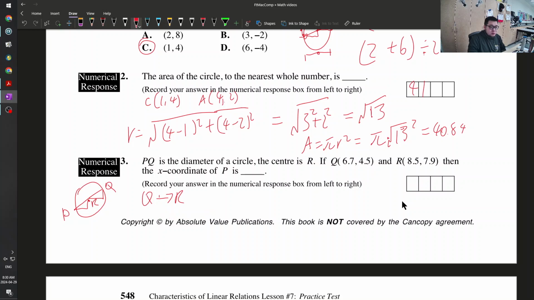So the x went from 6.7 to 8.5. And the same amount should be R to P. So 6.7 to 8.5, what is that? That is a 1.8 jump. So plus 1.8. So that means we also have to plus 1.8 from 8.5 to P.